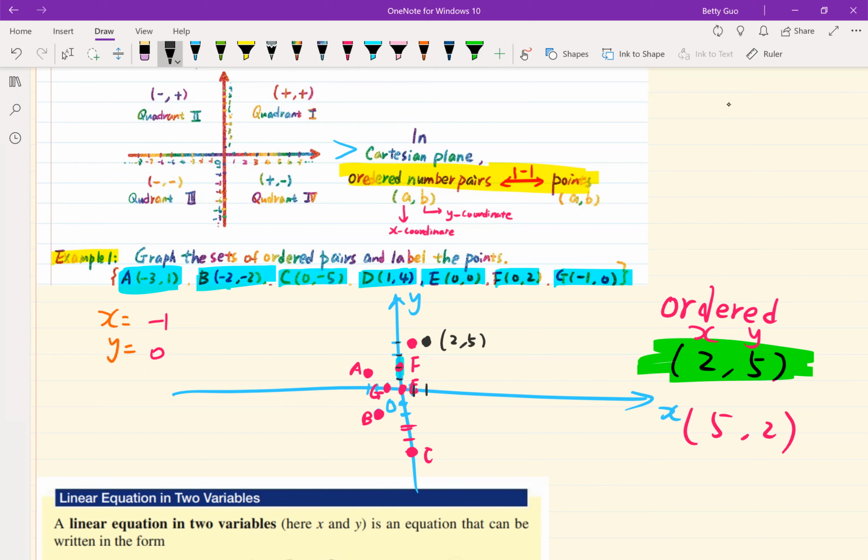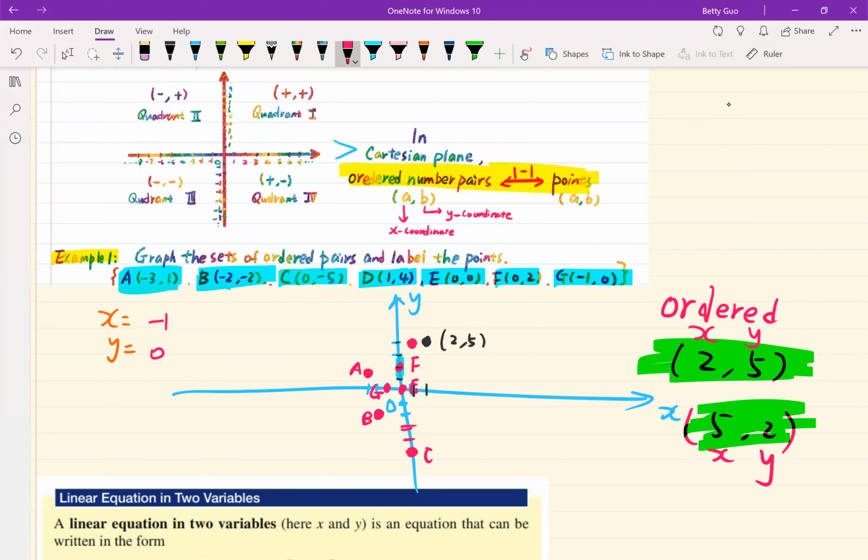And what about 5, 2? 5, 2 has x-coordinate 5 and y-coordinate 2, right? It's different. The x-coordinate describes the horizontal displacement, and the y-coordinate describes the vertical displacement.